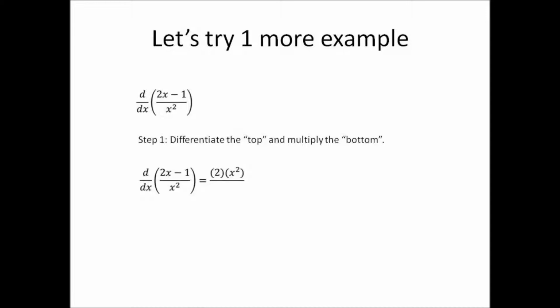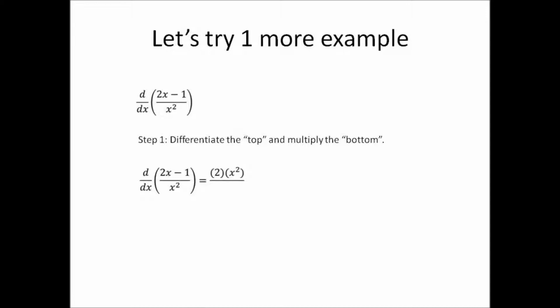This time round, we are going to differentiate 2x minus 1 over x squared. So remember, step number 1 is to differentiate the top, then multiply the bottom. So for the first step, we have 2 after differentiating 2x minus 1, and we just multiply with the denominator, which is x squared.